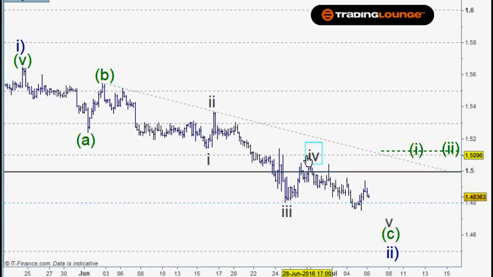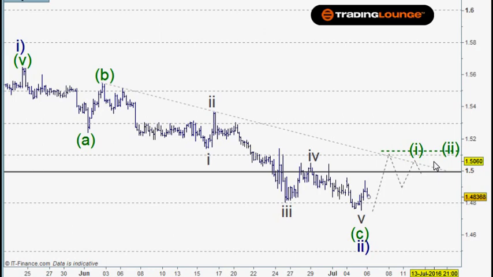This is a bit ugly to count here, so I haven't actually pulled it apart, and I wasn't that concerned about it. I know that we're down here, either here or here, probably here now, but it didn't really matter, because we're waiting to see if this market can get back up and find support on this particular level here. If that is the case, then we can go along from there.